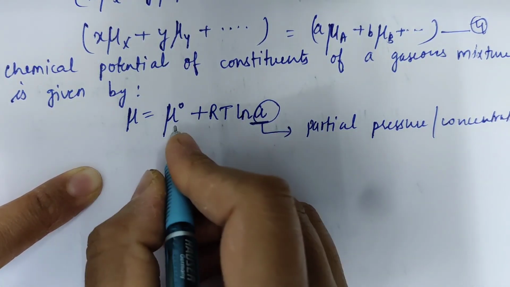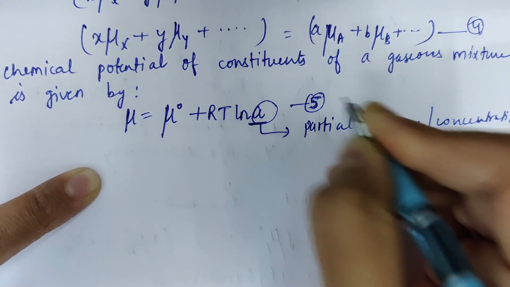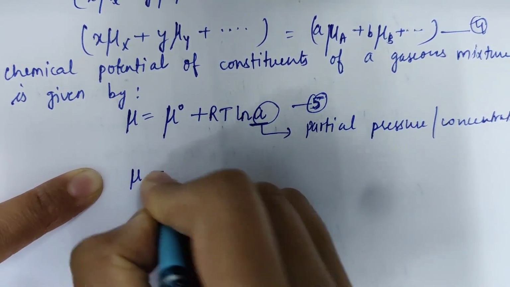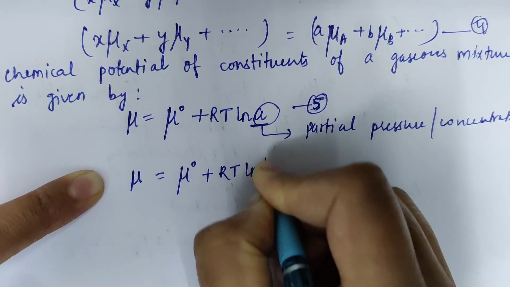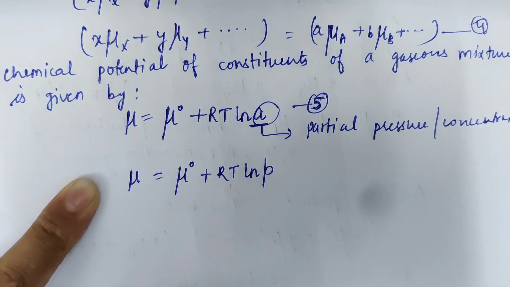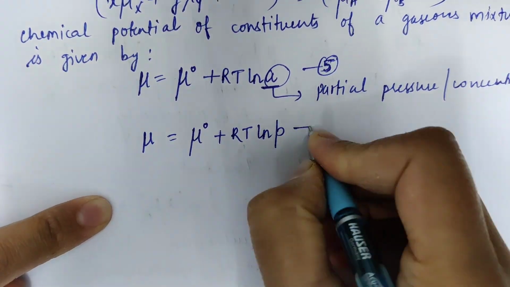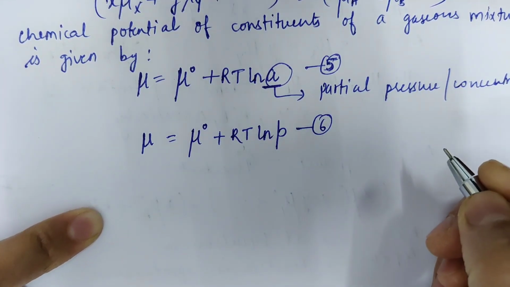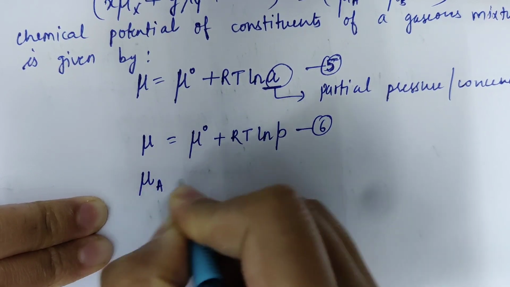Now if I write the fifth equation in terms of partial pressure, then mu becomes mu naught plus RT ln P. And if I write this equation individually for all the reactants and products, it will be written like this.